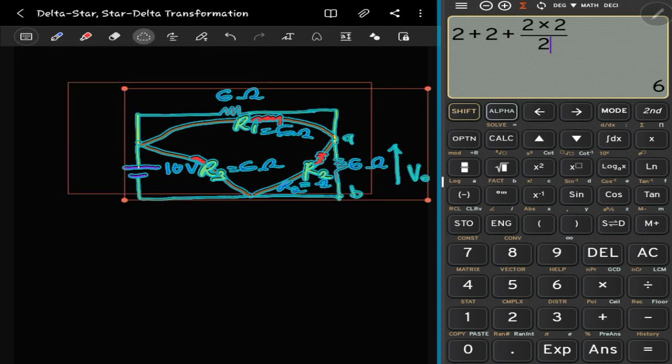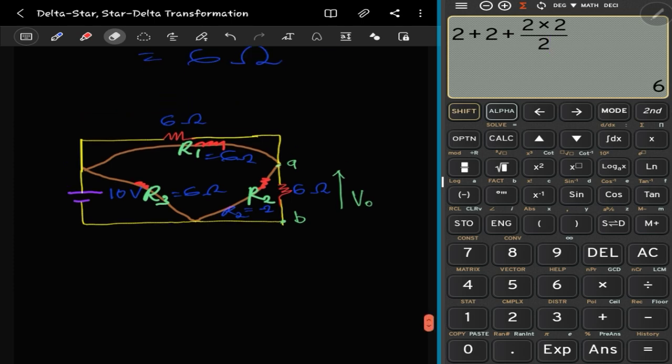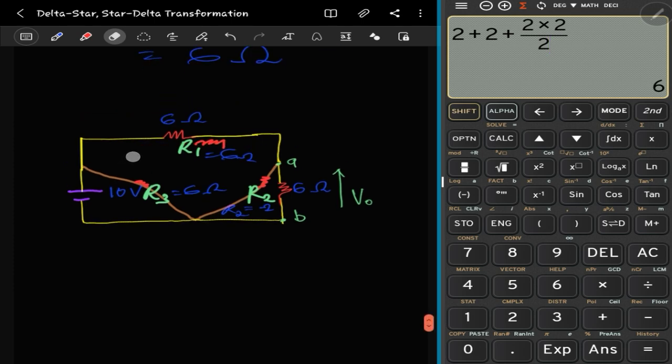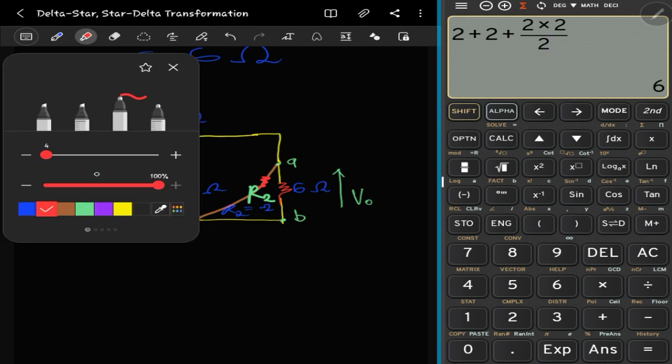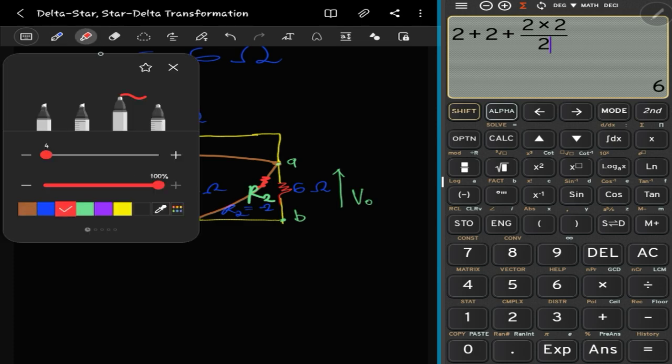Okay. So as we redraw this, I'll be talking about that one. What we saw is that all the resistors in the star were 2 ohms. And when we started, we made an assumption that the star is within the delta, and we said the star is smaller than the delta.